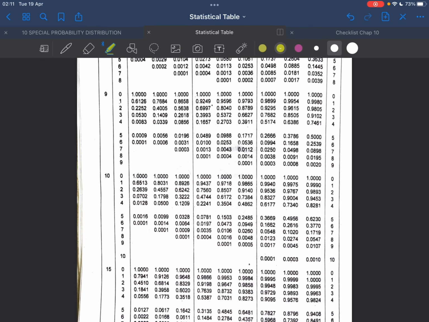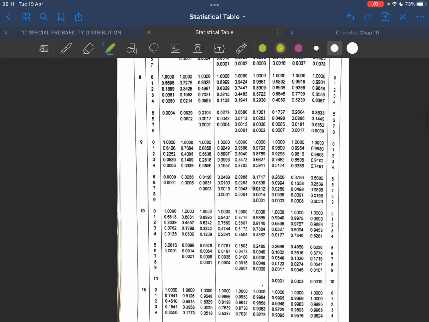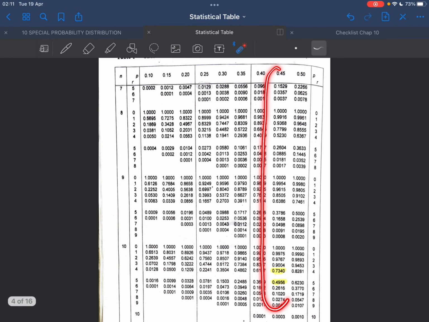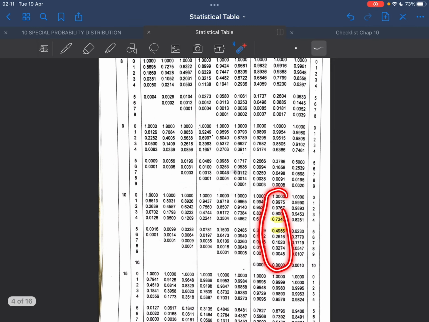Okay, let's try between R equals to 4. Mana dia? Hilang dah. 0.45 here. R equals to 4. R equals to 5. Okay, boleh follow? This one is 0.5. Kolom yang ini. Ini kamu punya N equals to 10. Okay, so kita fokus dekat kolom yang ini sahaja.